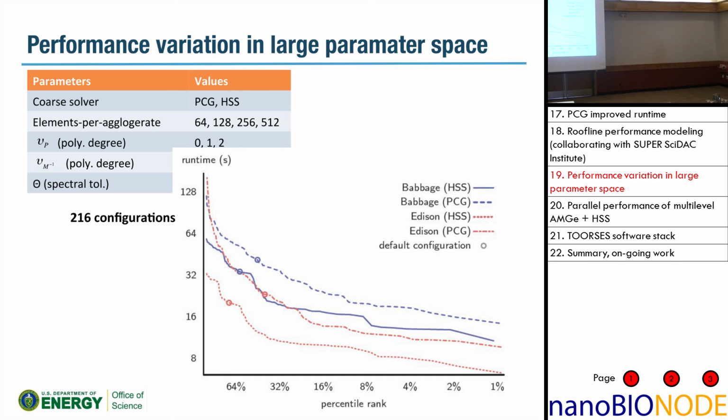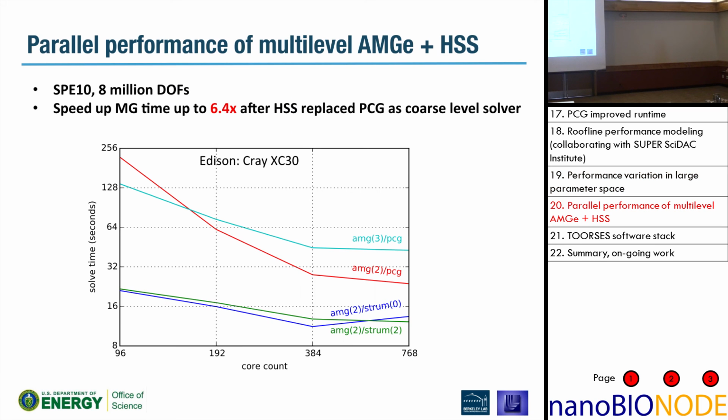The runtime can differ by one order of magnitude, 10 times, if you're unlucky and choose a bad parameter. Our multi-level code is relatively new, so we have some results, but they're not very conclusive yet. But the good news is the HSS coarse solver has improved over PCG if you use this factorization.